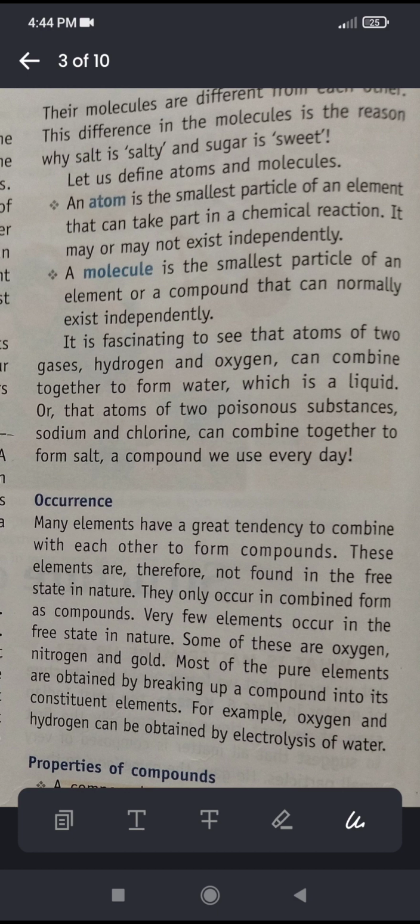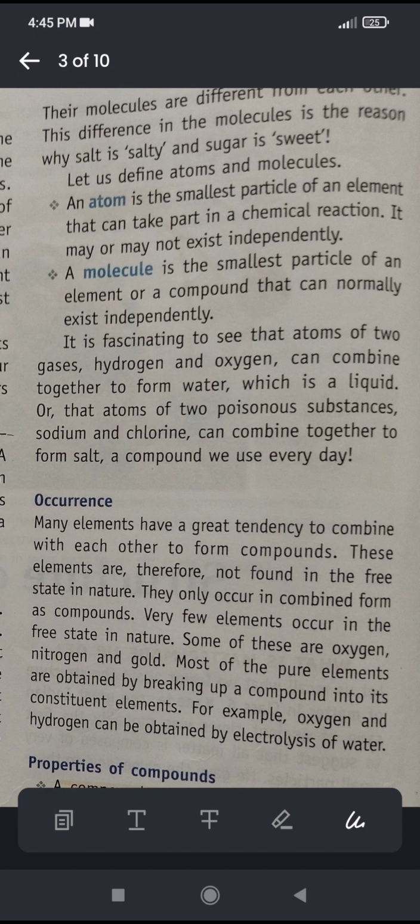We are talking about hydrogen and oxygen. They have a great property to combine with each other and form compounds. Let me explain in detail.